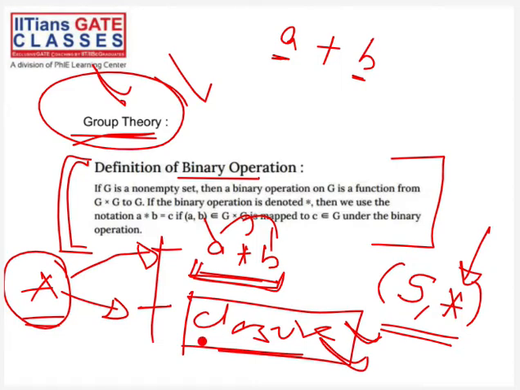You can see the closure property is implicit in the definition of binary operation.